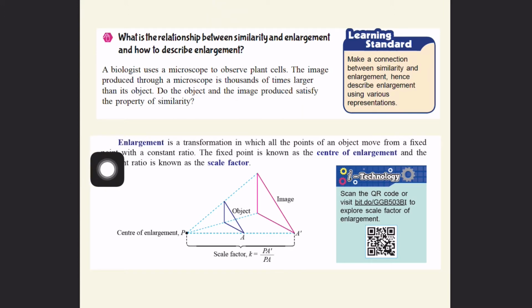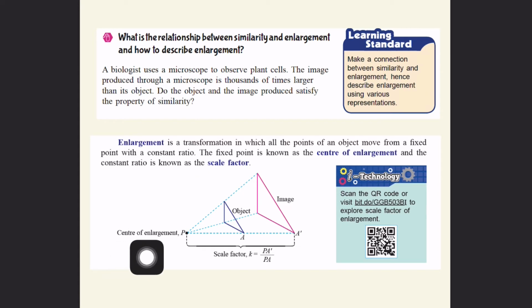Enlargement is a transformation in which all the points of an object move from a fixed point with a constant ratio. The fixed point is known as the center of enlargement, and the constant ratio is known as the scale factor.